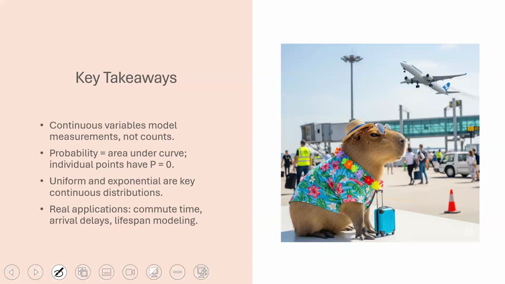Here are the key points from this section. Continuous variables model measurements like time, weight, or length. They differ from discrete variables in that they take on infinite values over intervals. We use probability density functions to model them, and the area under the curve gives us probabilities. The uniform distribution assumes all values are equally likely.